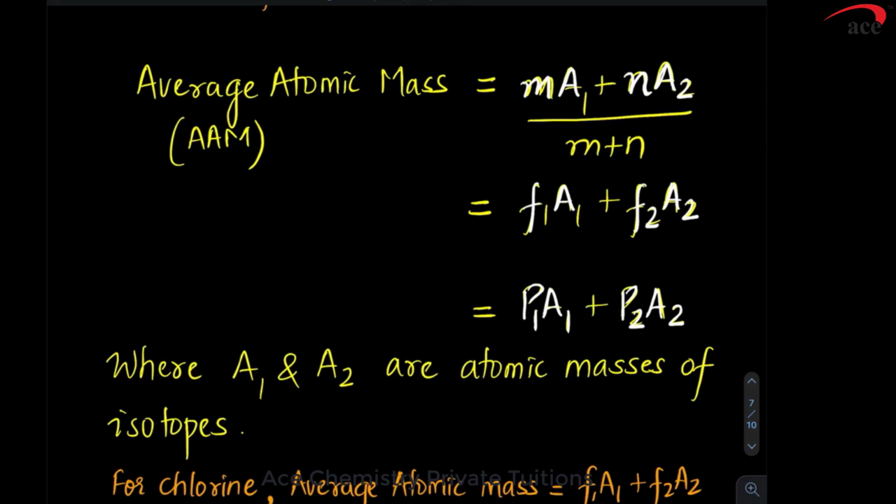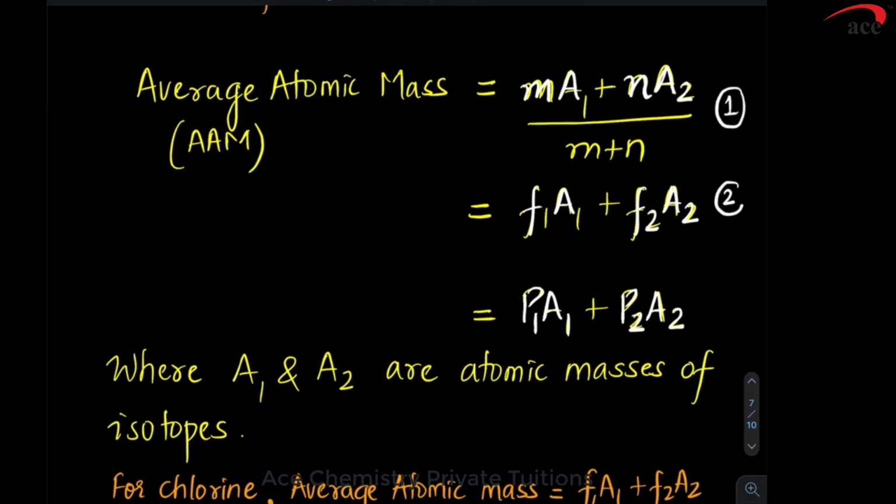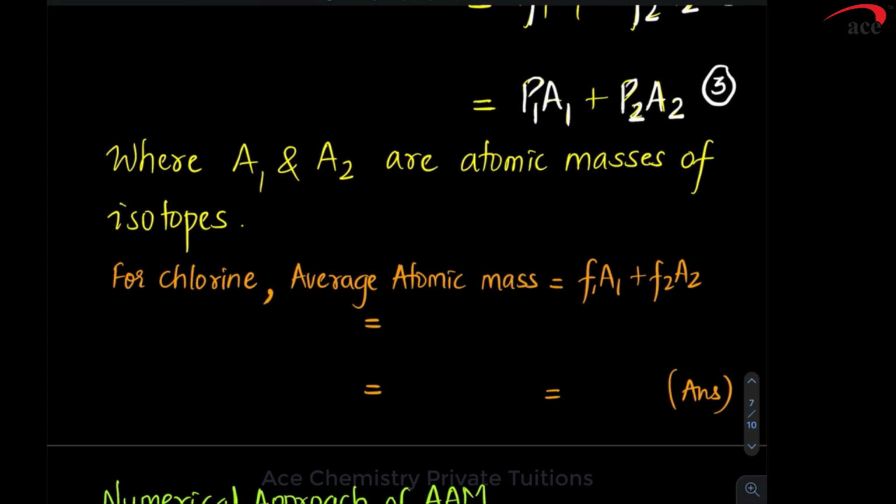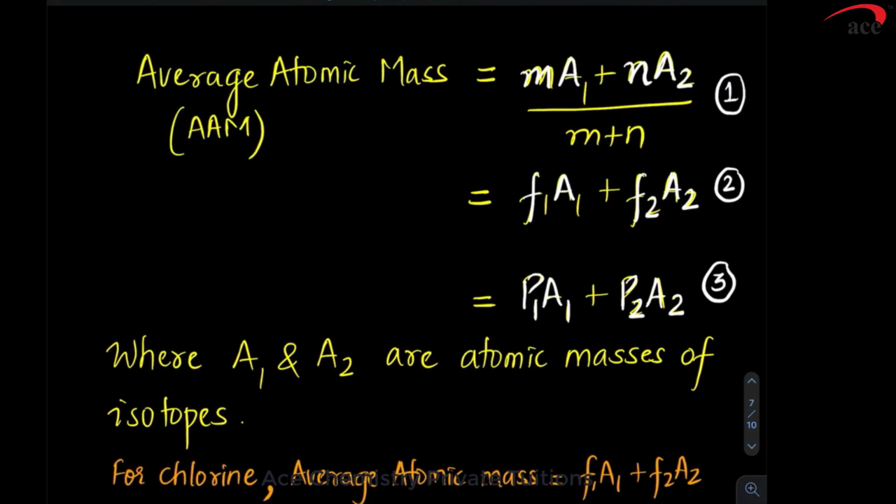Correct. These are the three formulas. Which formula you should use depends on how the data is given, or how we conveniently write that data. For chlorine, if you ask me technically, this formula will be far better.